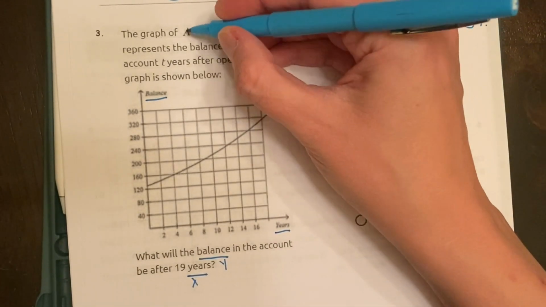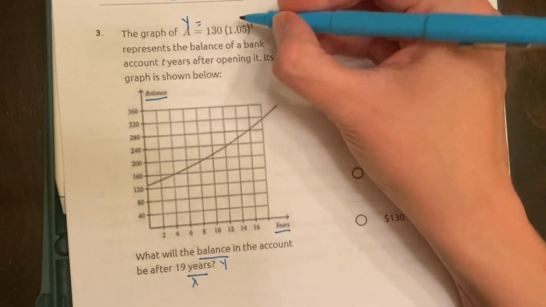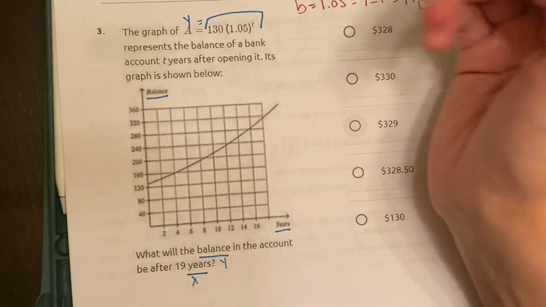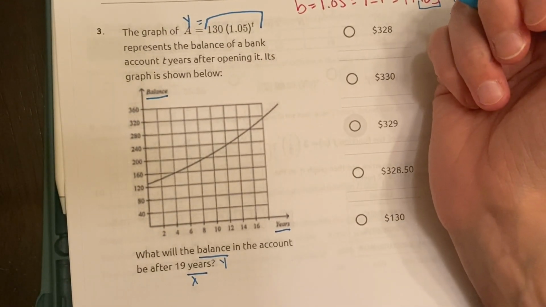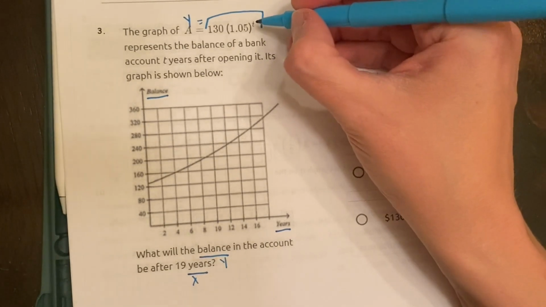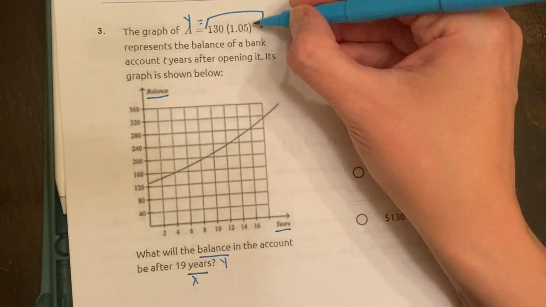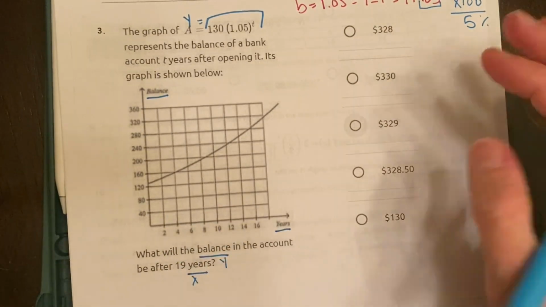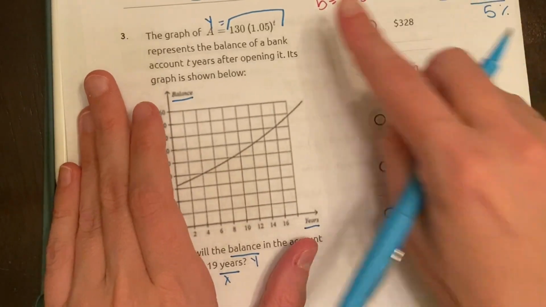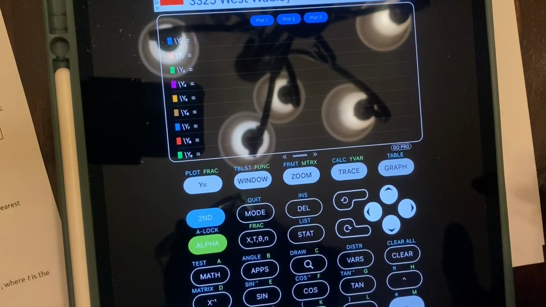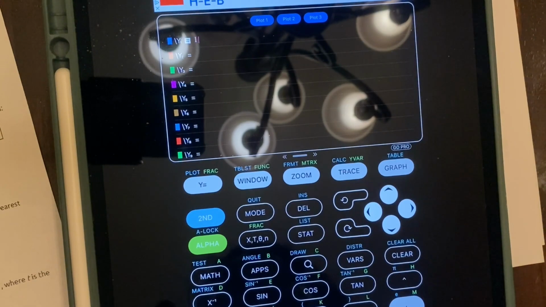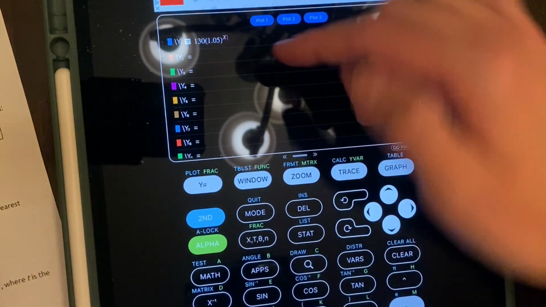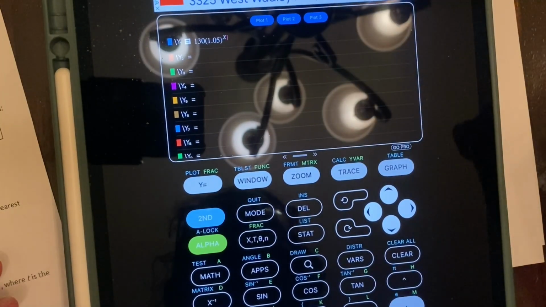Well, we can take this. Remember, this is just Y equals, and you can plug all of this into your calculator. You are going to change the T to the letter X because all T is representing is time, and time is always the X-axis. So in my calculator, I'm going to type all of this in. Let's go to Y equals, and we type it in, 130, 1.05 raised to the X. Again, do not put a T here, put an X there.